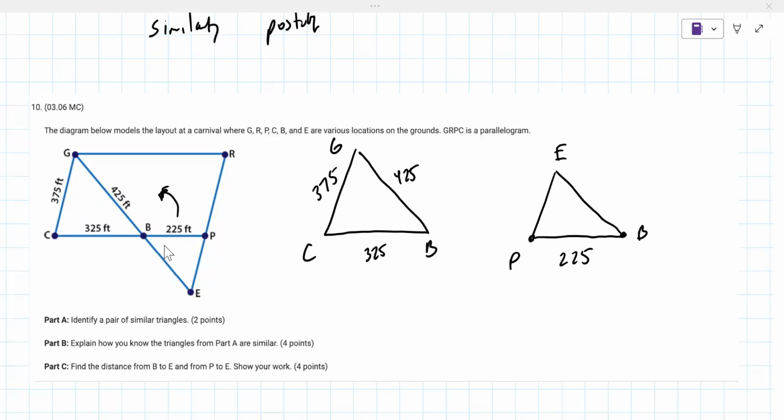Now the thing that bothers me is how do we know that they're similar? They share an included angle. And you may also have an alternate interior angle.